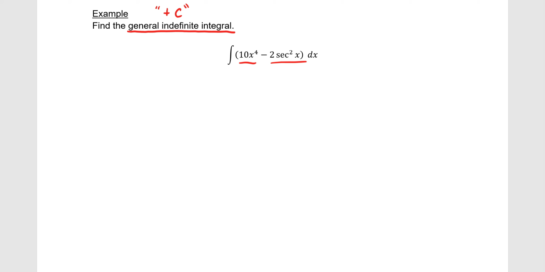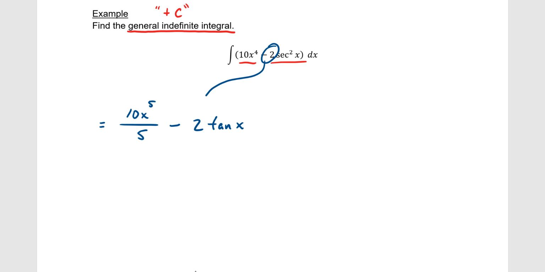And all we have to do here is find the antiderivative of each one of these separately. The antiderivative of 10x to the 4th, we're going to add 1 to the exponent and then divide by that new exponent, minus 2 times secant squared. The antiderivative of secant squared is tangent, and hopefully you just have that memorized based on the previous page.